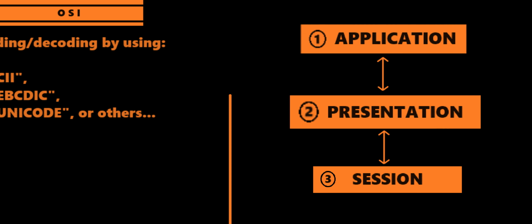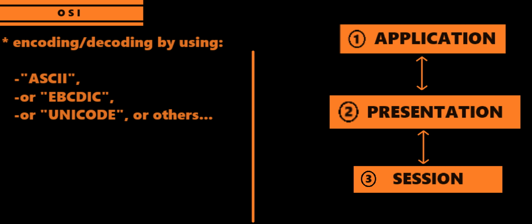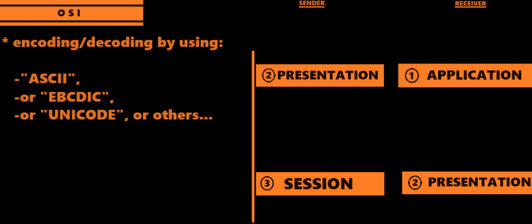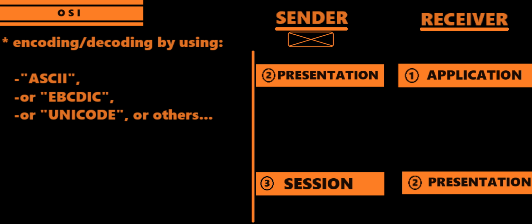Now let's move to the presentation layer. The presentation layer is an intermediate between the application layer and the session layer. By using the ASCII system or EBCDIC system or Unicode system, the presentation layer will encode the message, then give it to the session layer if we are in a sending process, or decode it and deliver it to the application layer in case that we are receiving a message.